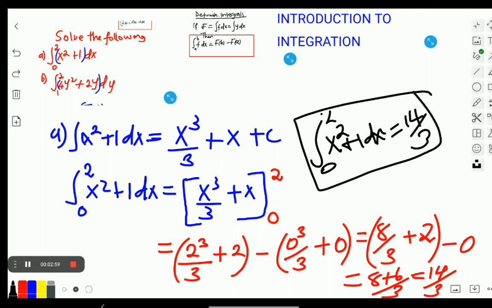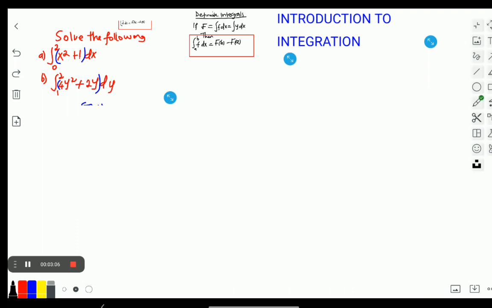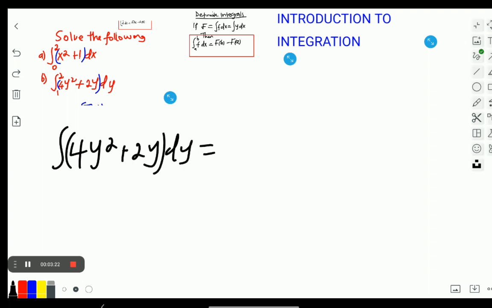Okay, maybe we can also check on part B. On part B we have the integral of 4y squared plus 2y dy. According to what we have already seen, we say 4, then we raise the power: y power 3 divided by 3, and then plus 2, and then y raised to power 2, that is power 1 plus 1, so we say divided by 2, then plus the constant.